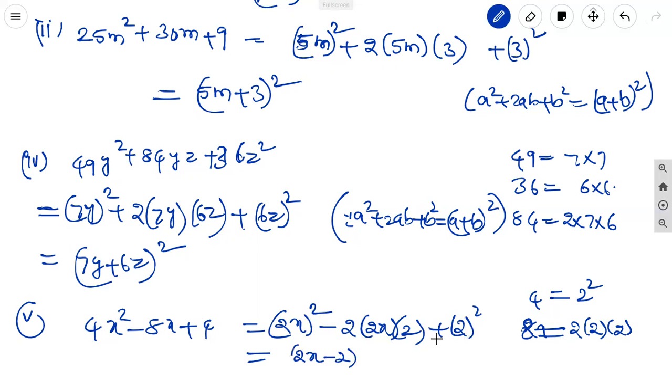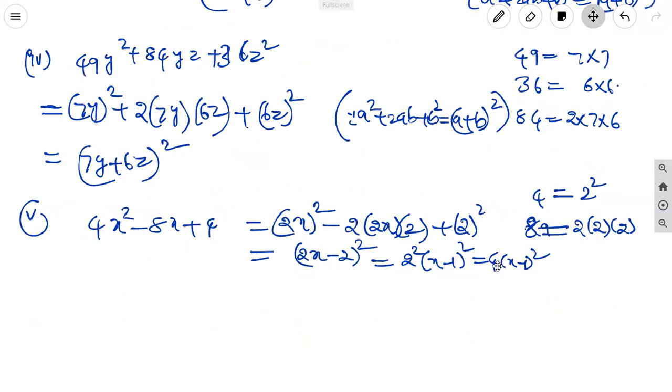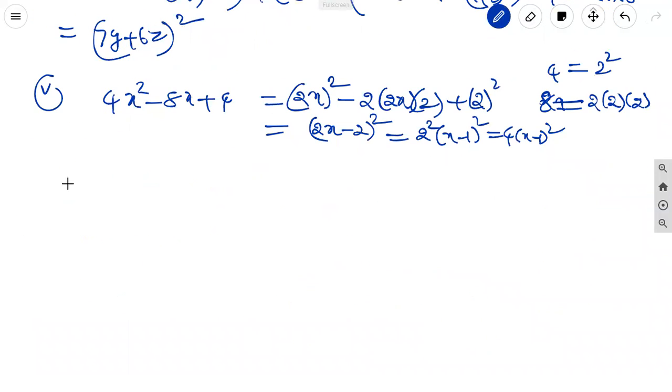2x minus 2 whole square equal to 2 square into x minus 1 whole square, that is 4 into x minus 1 whole square. We can take it any way, either this or we can write it as 4x square minus 8x plus 4 equal to, taking 4 common, x square minus 2x plus 1.